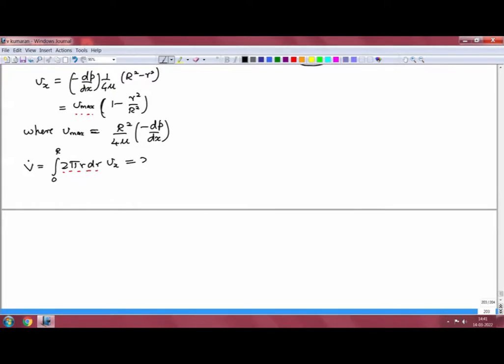So, this is going to be equal to 2 pi integral 0 to R dr V max into 1 minus r square by R square.